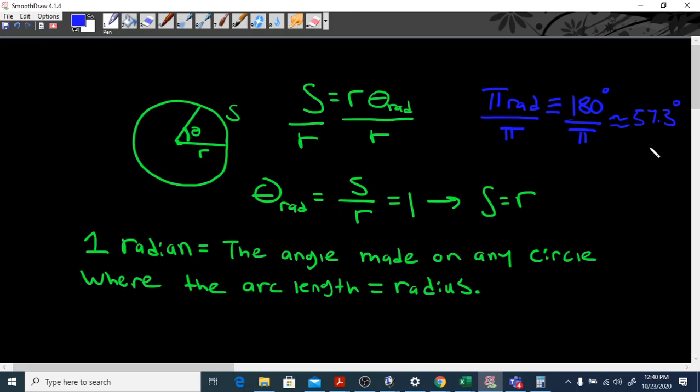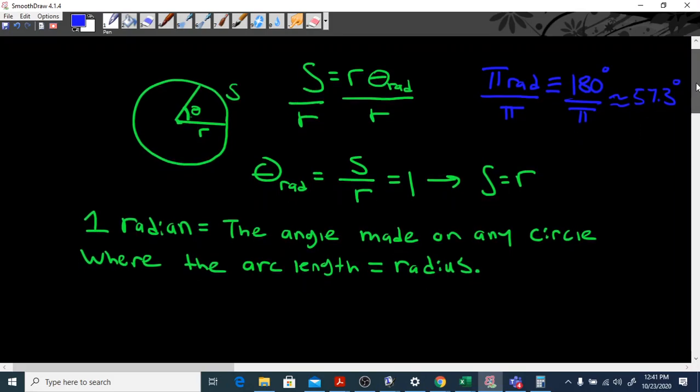So what this tells us is that 1 radian is barely less than 60 degrees. So we can use this to understand how much 1 radian is. Again, the concept: 1 radian is when the arc length is the same as the radius, and there's exactly pi radians at 180 degrees, and therefore we can conclude that 1 radian is 57.3 degrees.